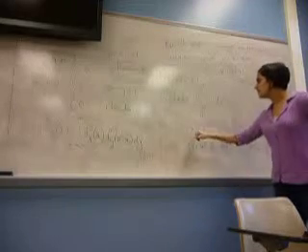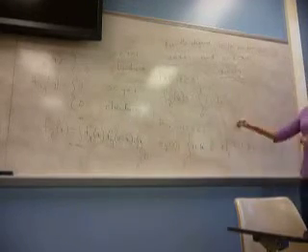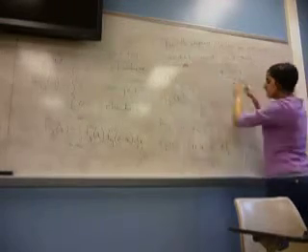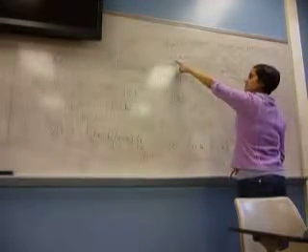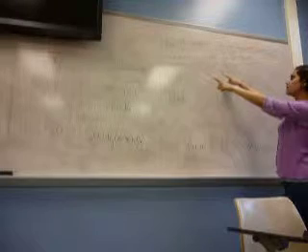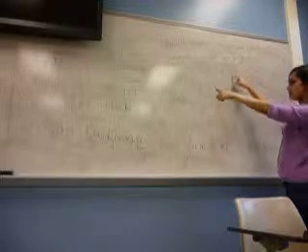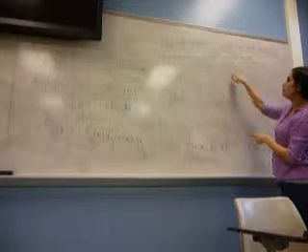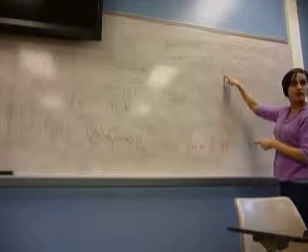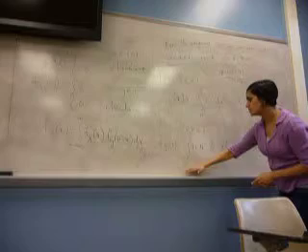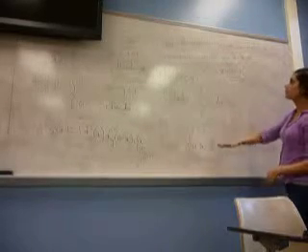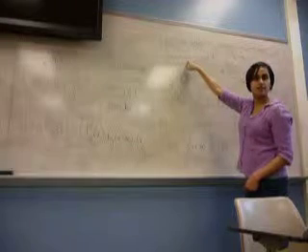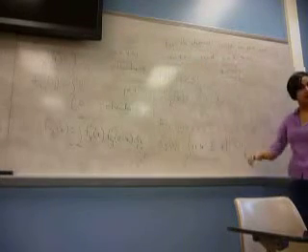Now, in this case, if z is between 1 and 2, again, I need to integrate over all values of x where both of these are satisfied. Z minus 1 here is positive. So if I integrate from 0, x might be less than z minus 1, right? So I want to avoid that. So start with z minus 1. And then, should I go all the way up to z? No, because z is above 1, and I need to make sure this is satisfied. So I only integrate up to 1.